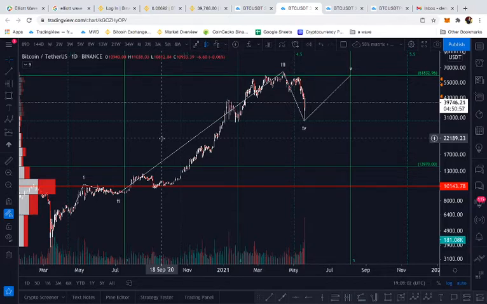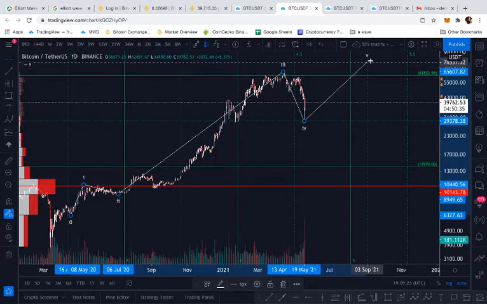So let's get right into the count here. My computer's getting a little hot, so I'll try to make this video under 10 minutes. As you can see here, we've got a wave count that might be something. I have it drawn clearly.